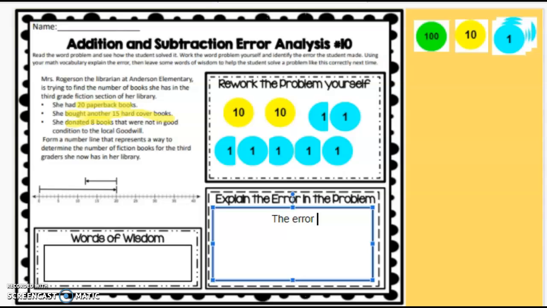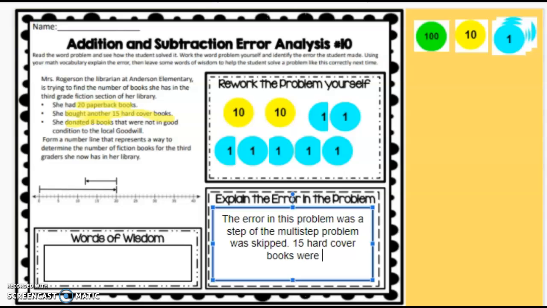The error in this problem was a step of the multi-step problem was skipped. 15 hardcover books were not added to the collection of 20 paperback books. Okay, that's the error of the problem, all right?